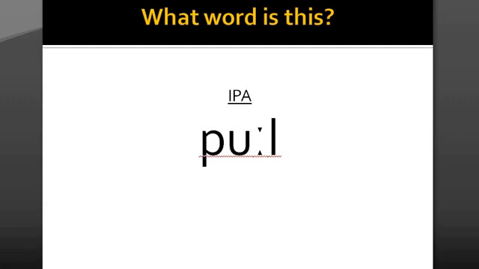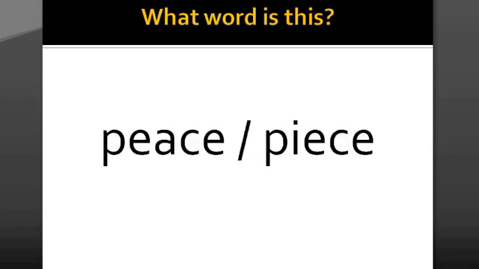What about this word? Okay, it looks like hat, but actually this is the IPA for hot. And this one? What word is this? This can actually be two different words, peace or piece.